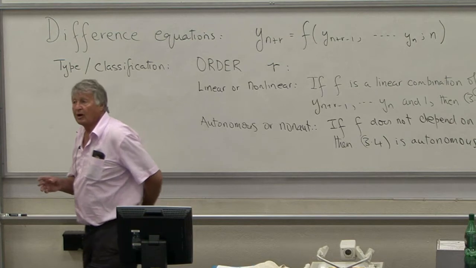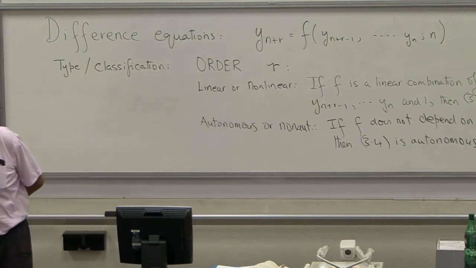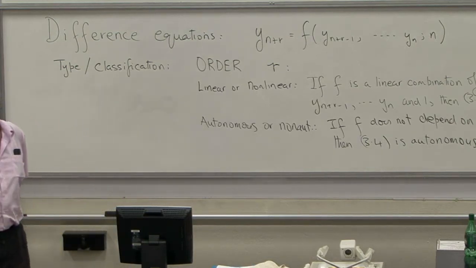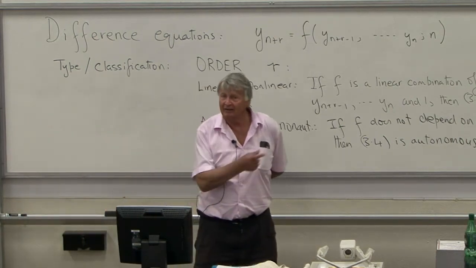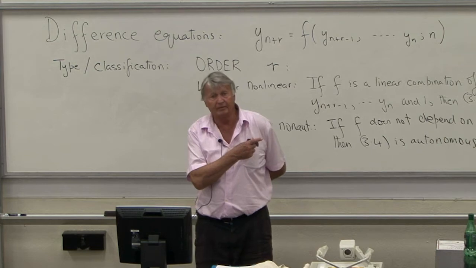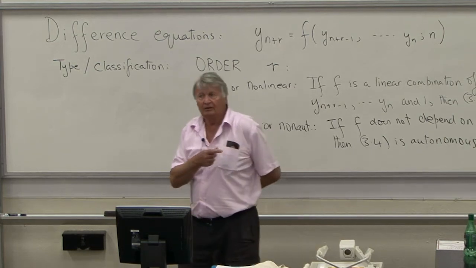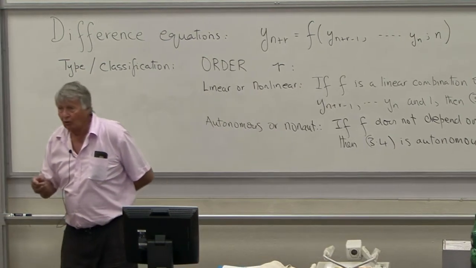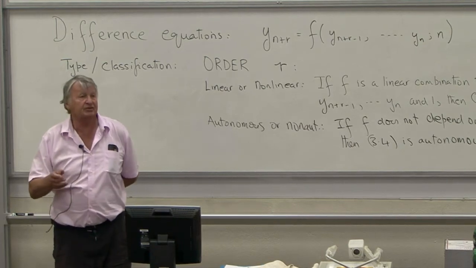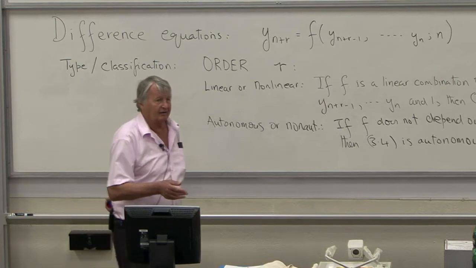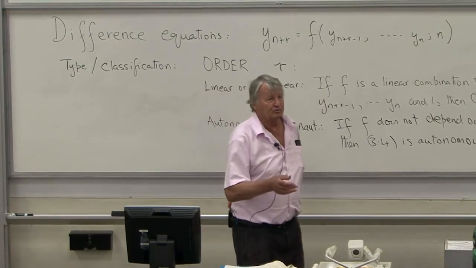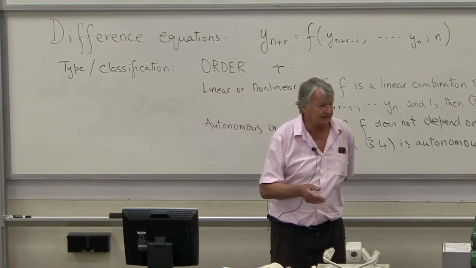There's a fellow called Robert May who started a very good career out of this equation in the mid-70s. He's now actually Lord May. You know, the British, instead of paying you, what they do to reward you is give you titles.